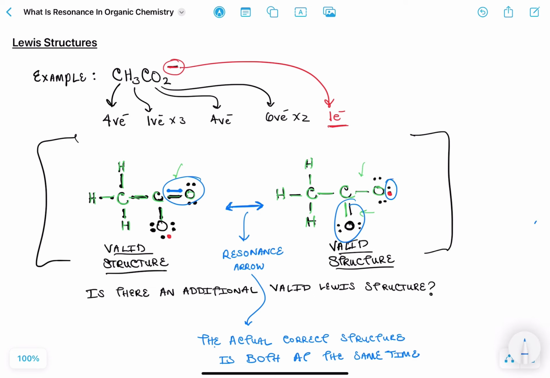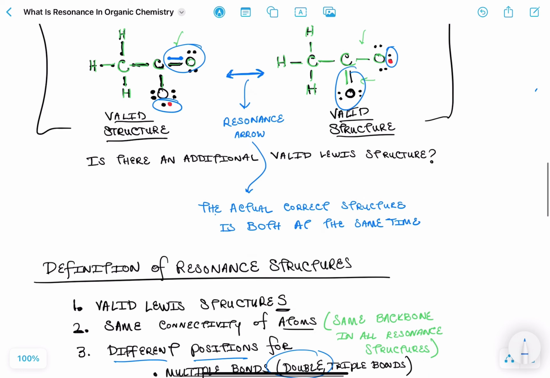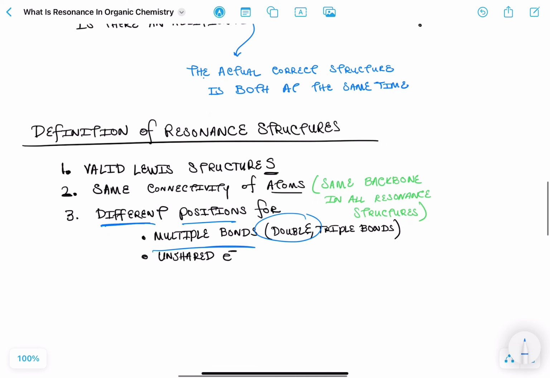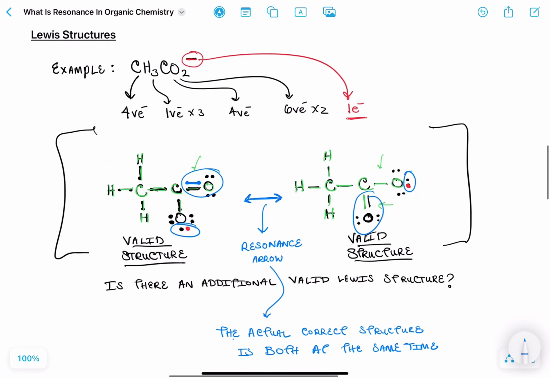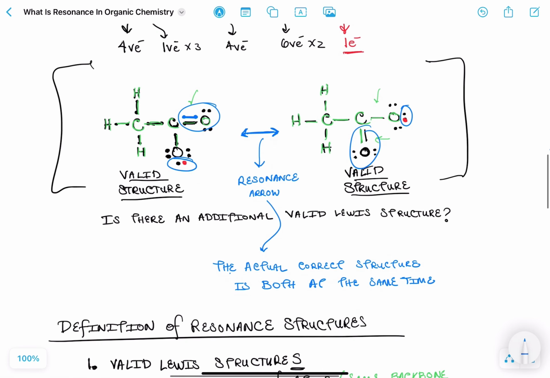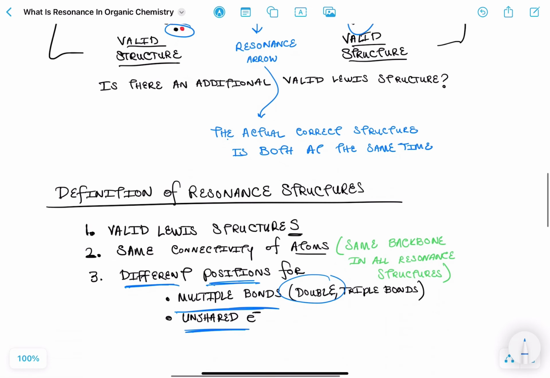So here, an unshared electron is on this right oxygen, but now those unshared electrons are on that bottom oxygen. So they moved positions. So we have different positions for multiple bonds and for unshared electrons. That's what constitutes resonance structures. These three things. They're both valid Lewis structures. They have the same connectivity of atoms, the same backbones essentially, but different positions for multiple bonds and for unshared electrons.